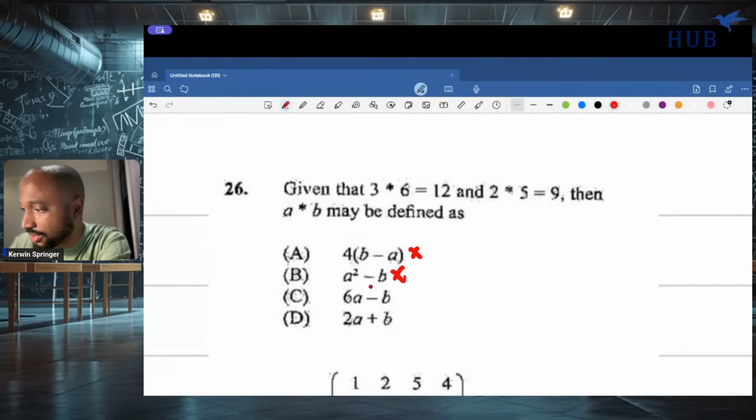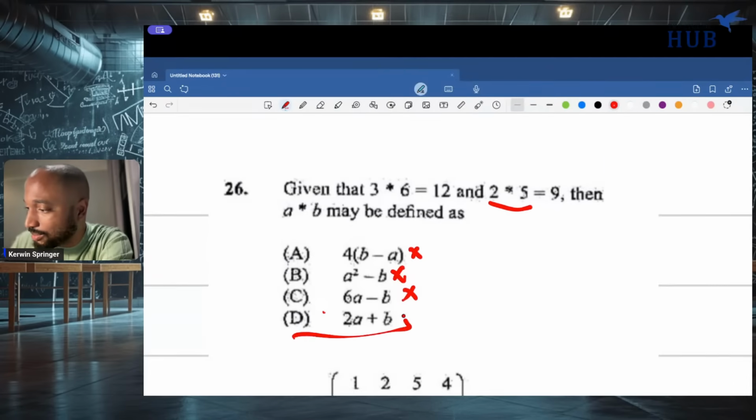Not this either. So yeah, this is clearly a plug in the answer one. 6A, 6 by 3 minus 6. 6 3s are 18 minus 6 is 12, yes. 6 2s are 12 minus 5. If I plug in this one, no.